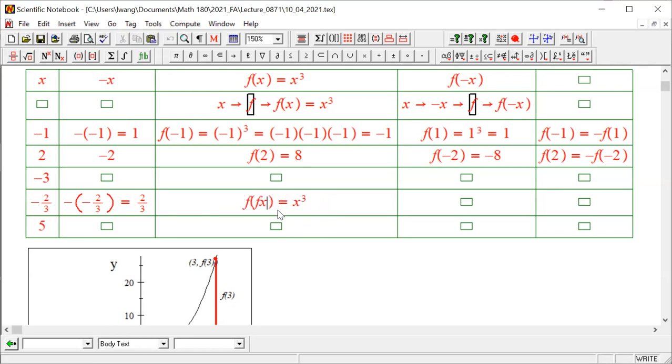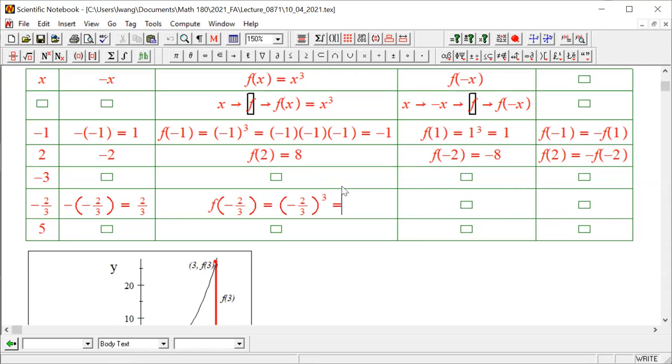Right, so this is the input. We put that input in here and replace x by the input. Of course, you multiply these numbers three times.